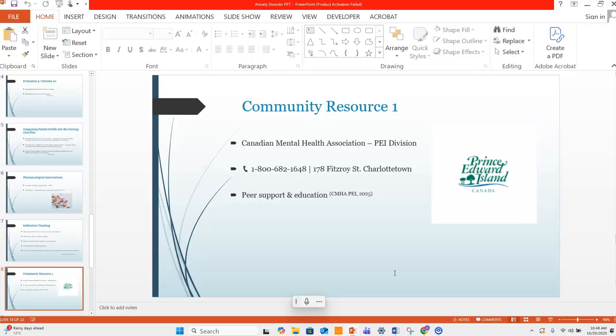Community organizations such as the Canadian Mental Health Association play an essential role in the continuity of mental health care after discharge. They provide peer support programs, psychoeducation, and self-help groups that help clients maintain coping skills learned in hospital.